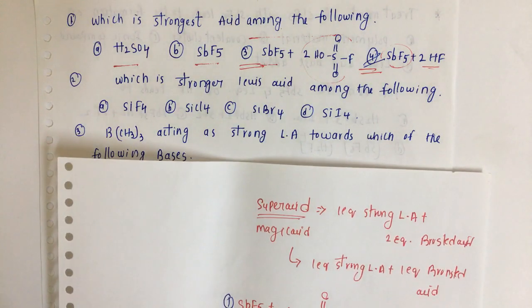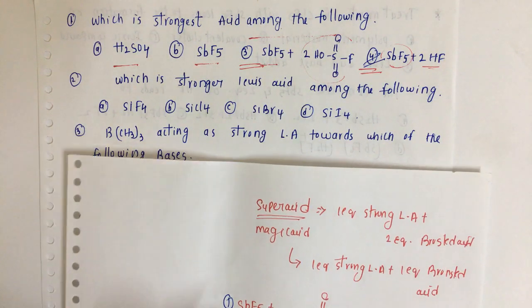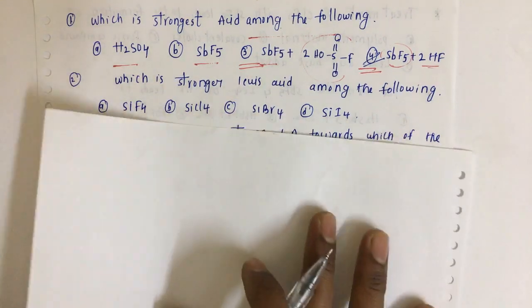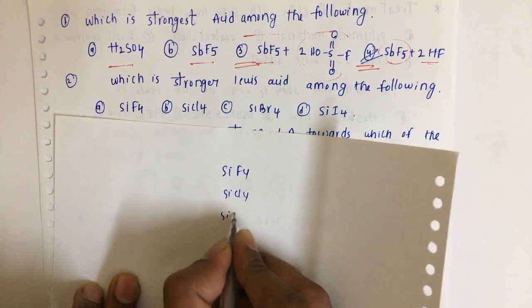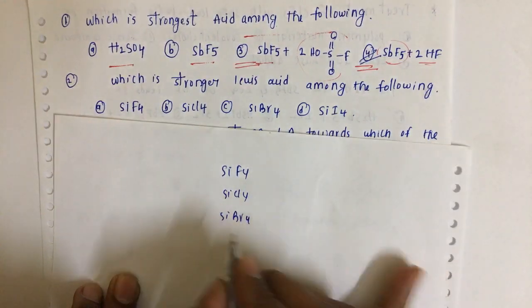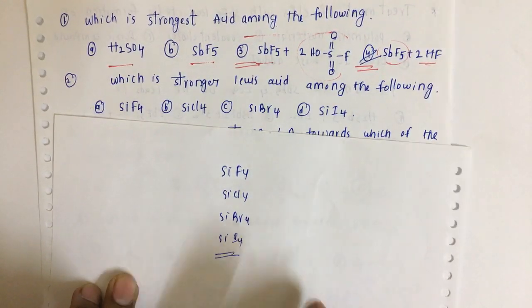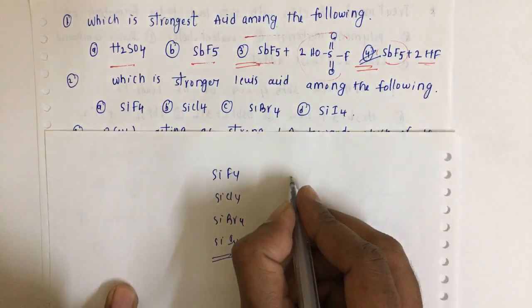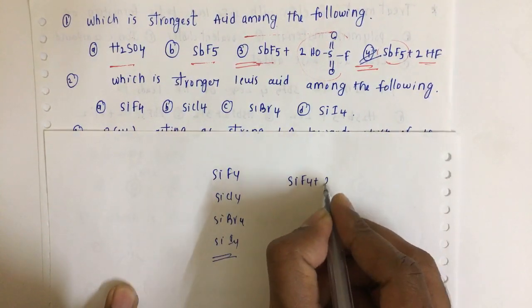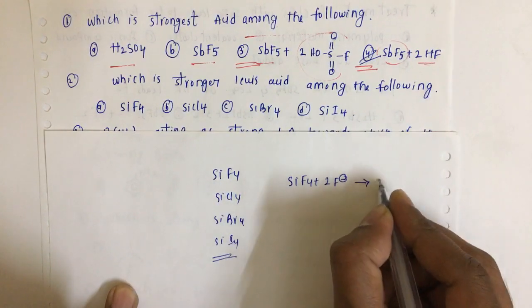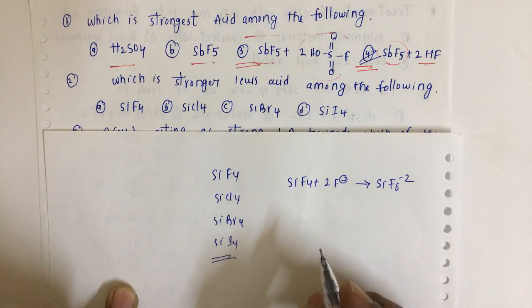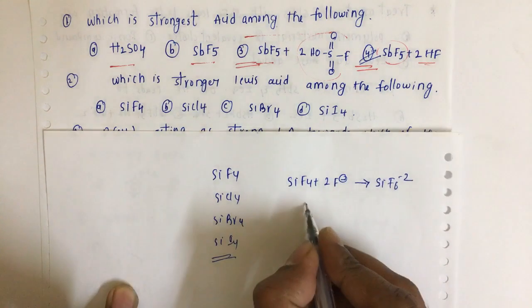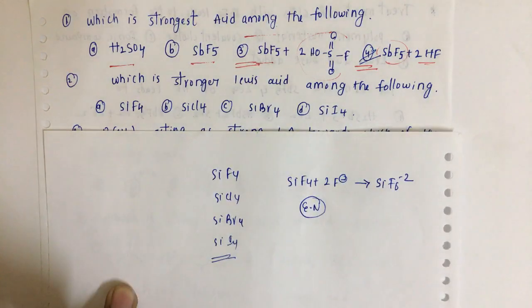Next, which is the strongest Lewis acid among the following? Here we have silicon fluoride, silicon chloride, silicon bromide and silicon iodide. When we treat silicon fluoride with 2 moles of F minus, it easily forms SiF6 2 minus. Here we have to see the electronegativity.